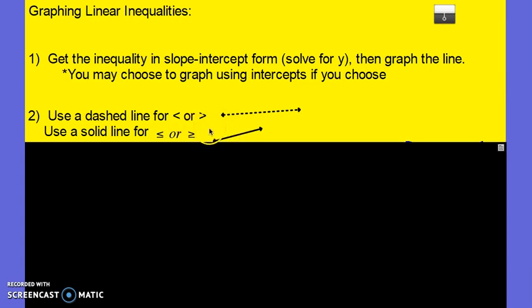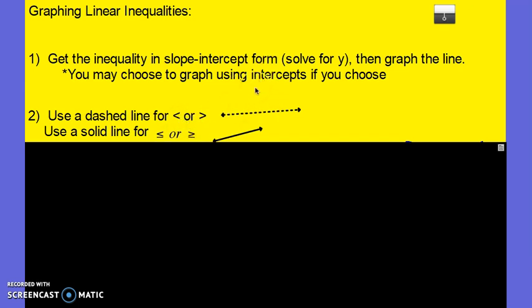It was a true statement, but it was also sort of that stopping point. Anything beyond that didn't work. That's the same thing with a dashed line and a solid line. If we have less than or greater than, we're going to use a dashed line, because the points on the line don't actually work. They're not "or equal to."